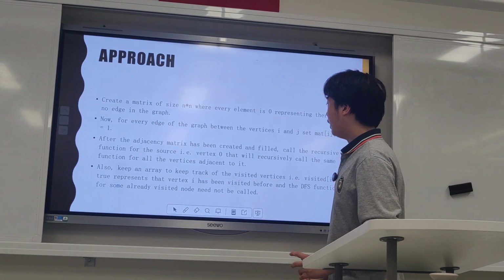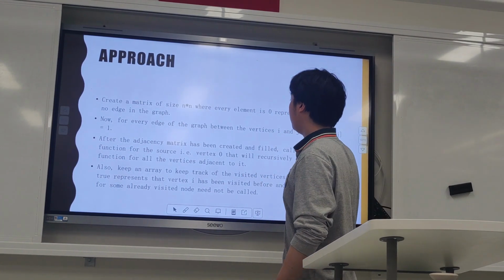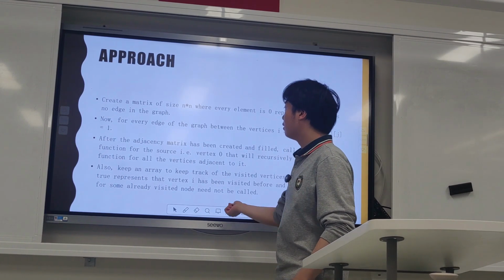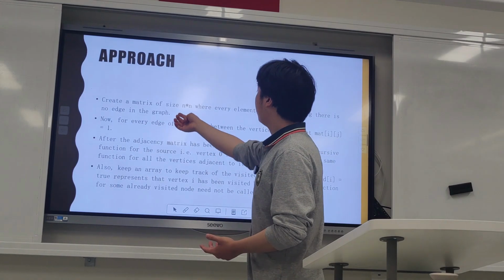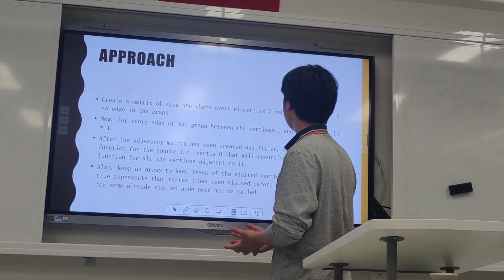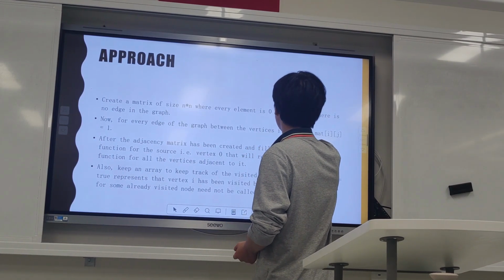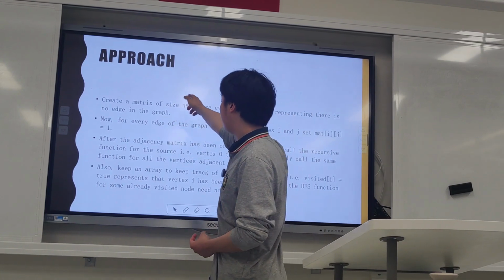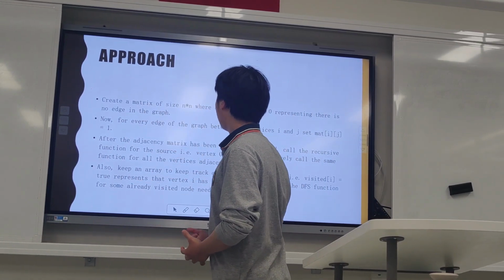Here is the approach we will use to write the DFS Java code to present the traversal. First we create a matrix of n times n, and set the entries for edges to 1. This is the adjacency matrix part, and we have already finished that.